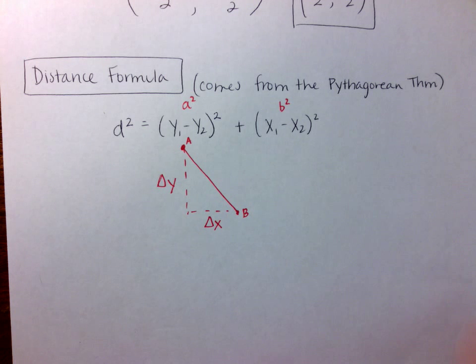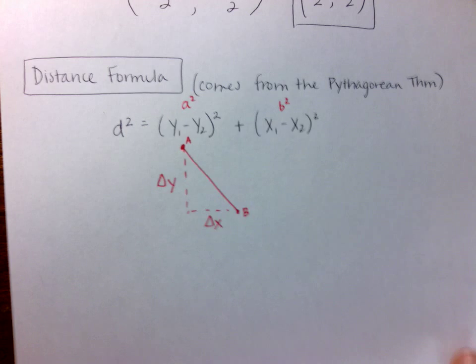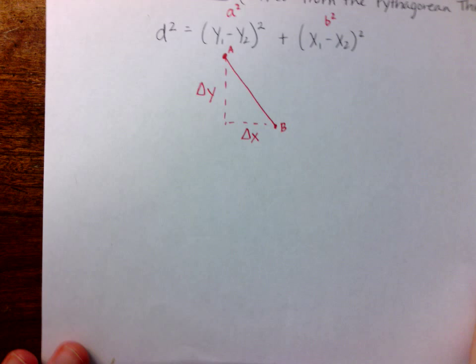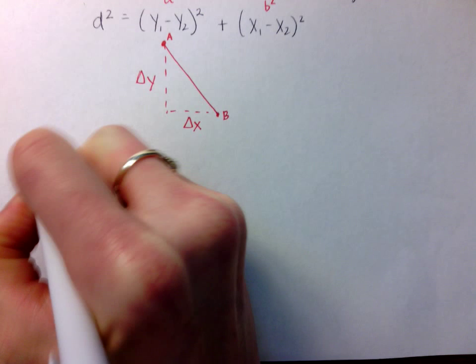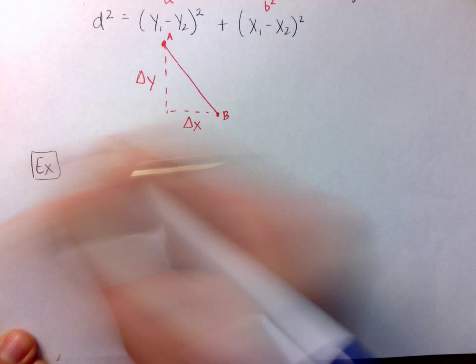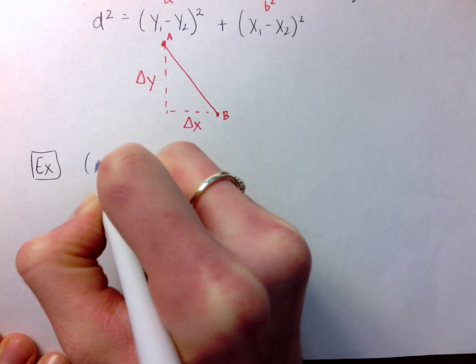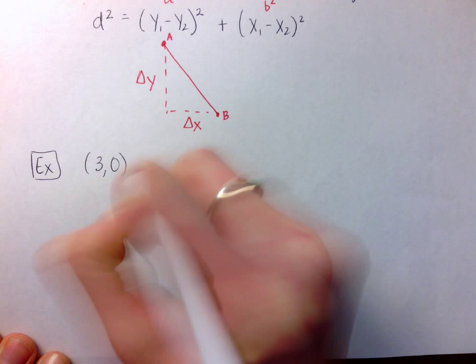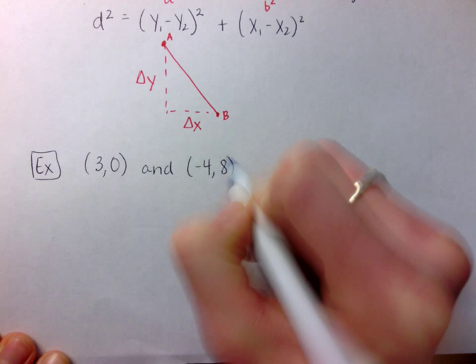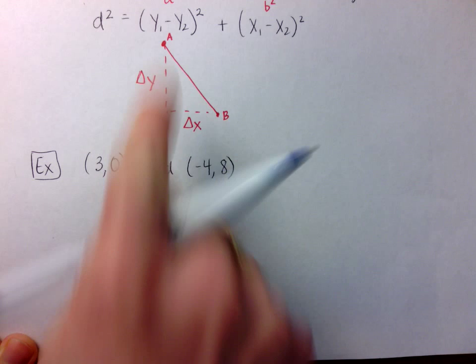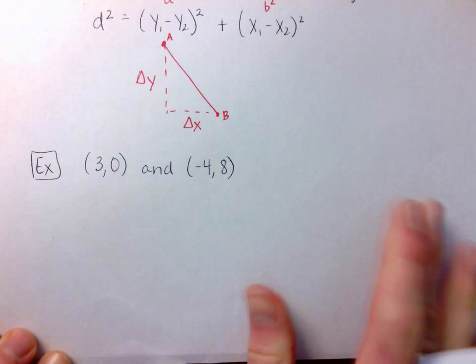So let's do a quick example. Let me scoot this paper up. Hopefully I'm not making you too dizzy. If you want to find the distance between (3, 0) and (-4, 8), we would just plug those into our distance formula up here.